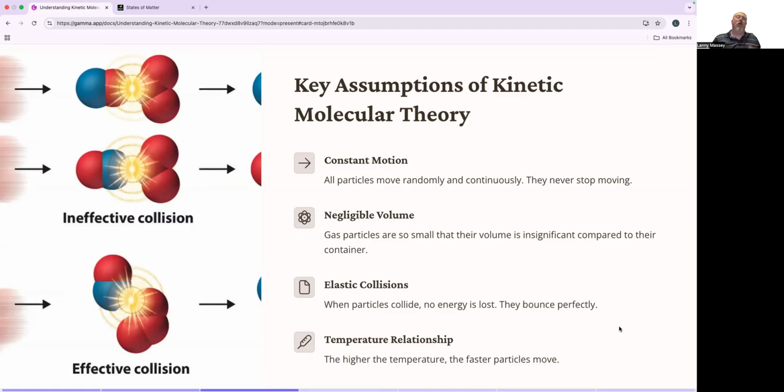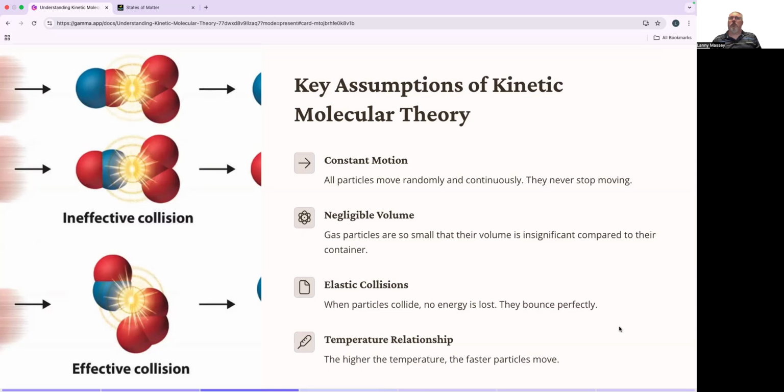The first one is that all molecules are in constant motion. The only way particles are not in constant motion is if we remove all the energy from them. Remember, we've talked before that energy always wants to move from high points of energy to low points of energy. So even if you remove all the energy from a particle, energy is going to work back to it and cause it to start moving again.